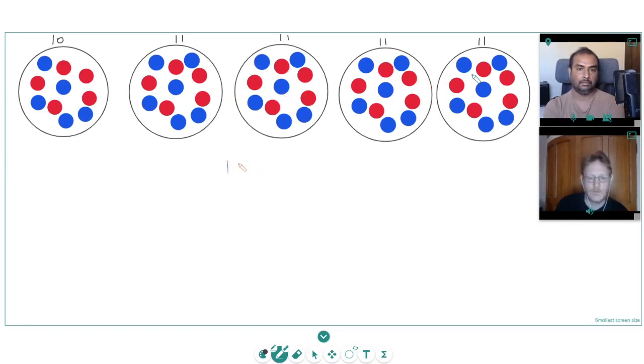So we just add up all those protons and neutrons, 10 plus 11 plus 11 plus 11 plus another 11. And if we add all that up, we've got 10 add 4 11s are 44. So 10 add 44 is 54. And we've got 1, 2, 3, 4, 5 nuclei, so 54 divided by 5 will give us 10.8.